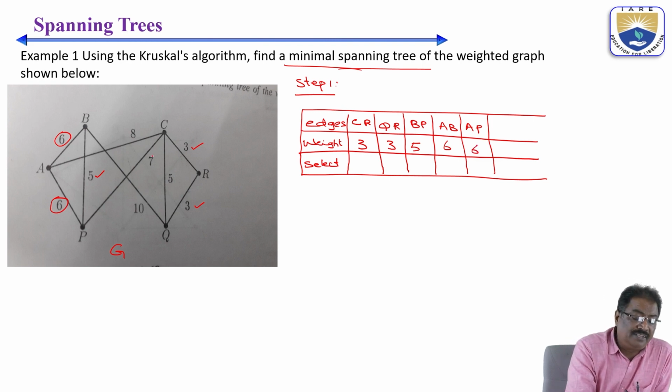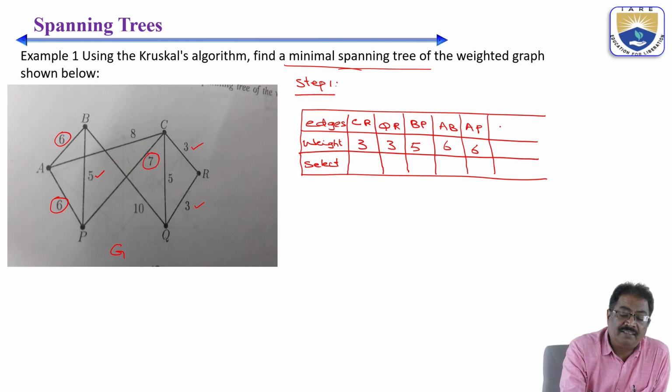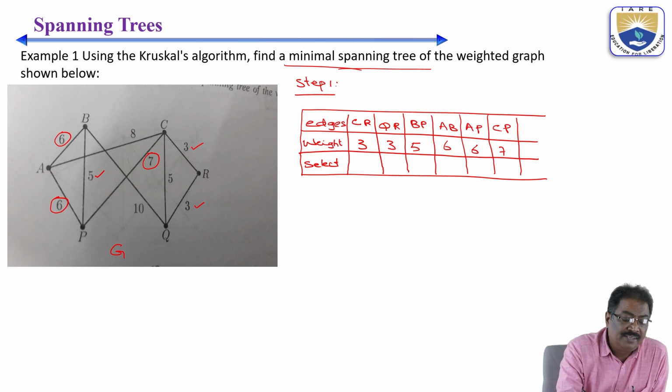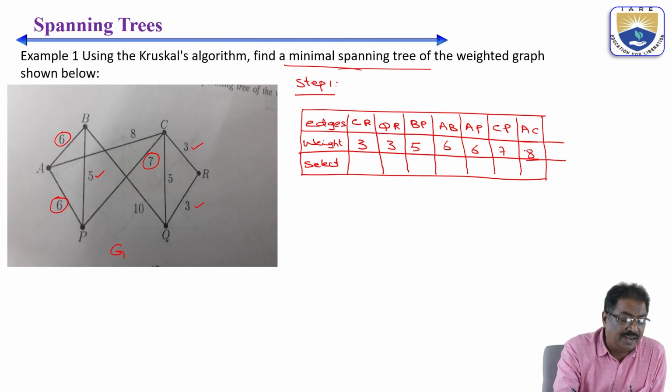Now the next weight is 7, which is CP, and CP weight is 7. 7 is also over. Now the next one is 8, which is AC, with weight 8. And the next is 10, which is BQ, and the weight is 10.